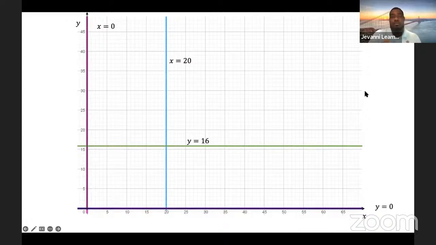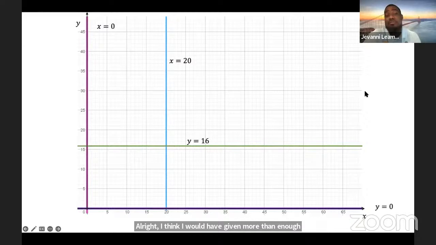All right. I think I would have given more than enough time, to be honest. 90 seconds should not be that. It's not necessarily needed for this part.